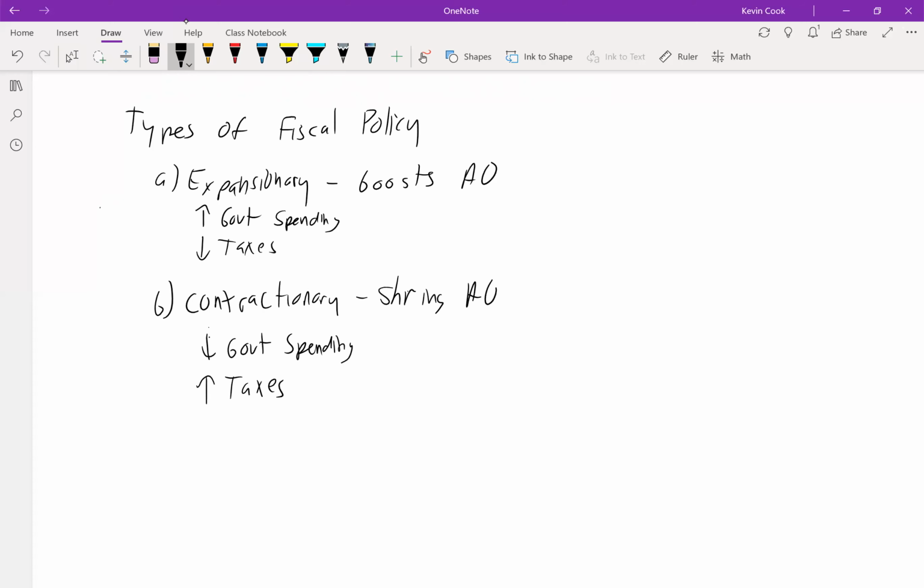And remember that we treat these as two separate things. So just because the government spends more money doesn't necessarily mean that they're going to change the tax code this year to reflect that. And similarly, just because we raise taxes or lower taxes doesn't mean they have to adjust the budget or their spending up front.